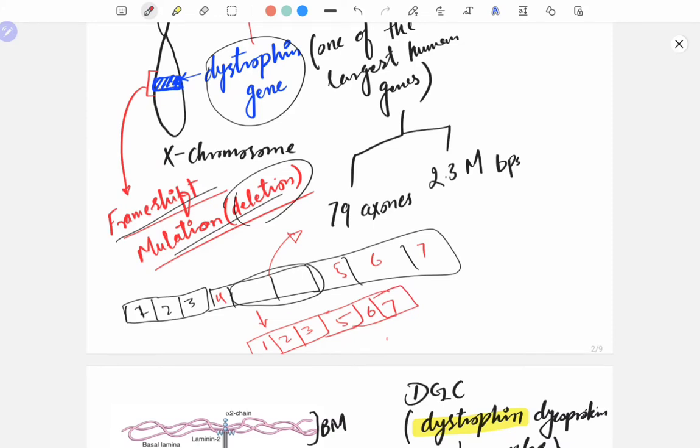You can see there is an absence, X Y, or you can give any name. There is absence of these nucleotides, right?